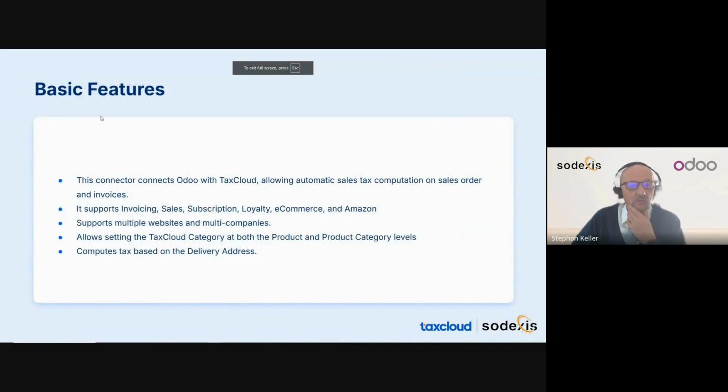All right. So we saw the basic features. This connector connects Odoo with TaxCloud, allowing automatic sales tax computation on sales orders and invoices. It supports invoicing, sales, subscription, even though I didn't show everything, loyalty, e-commerce that I showed, and Amazon by just not recalculating the taxes.